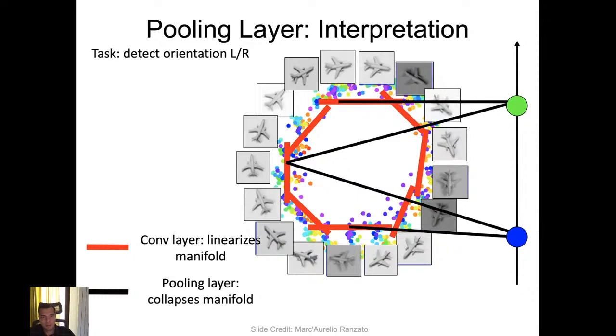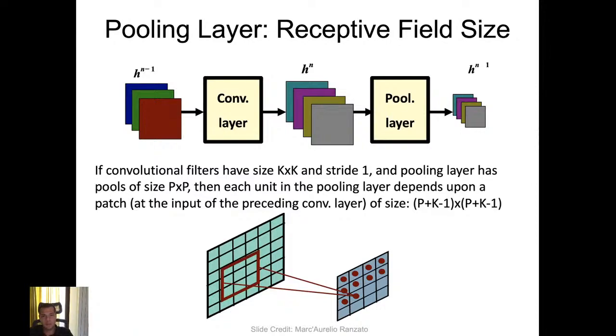Linear means that for different filters you obtain a different linear manifold, and when you combine these linear subspaces, you obtain this linearized manifold. Then when you apply the pooling layer, it collapses this manifold, and it gives you invariance to, I don't know, rotation and other variations in the input.